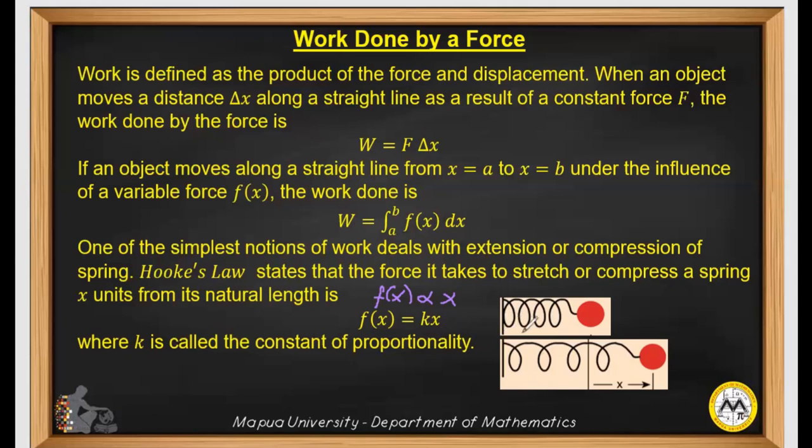Now, in the figure, we have here a spring with the natural length L. Up to here, this is the natural length of the spring. When a force is applied, the spring is stretched from the natural length up to this position, and we call this the elongation x.